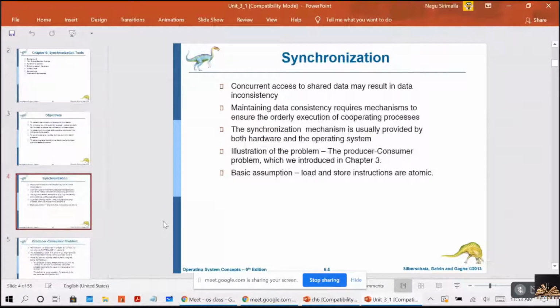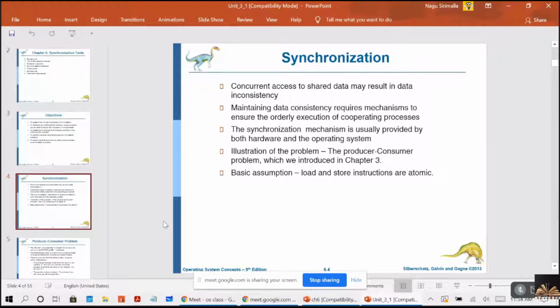Now coming to synchronization, what do you mean by synchronization? Concurrent access to shared data may result in data inconsistency. Yes or no? You might have discussed this concept in DBMS also, right? Say we have a bank account.